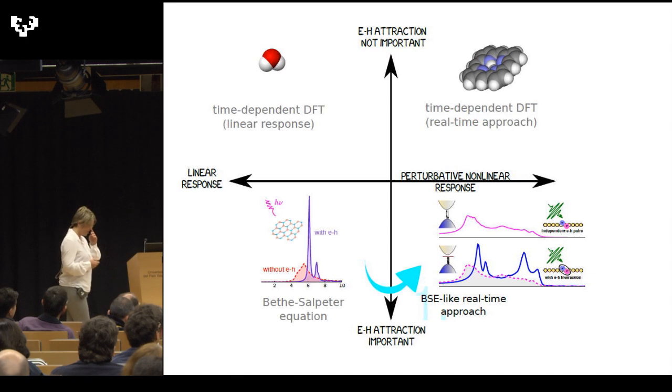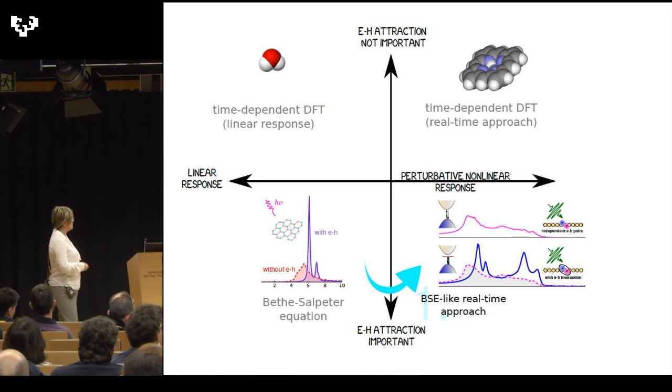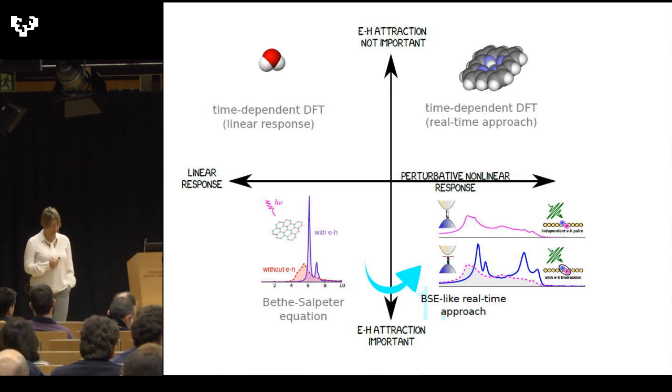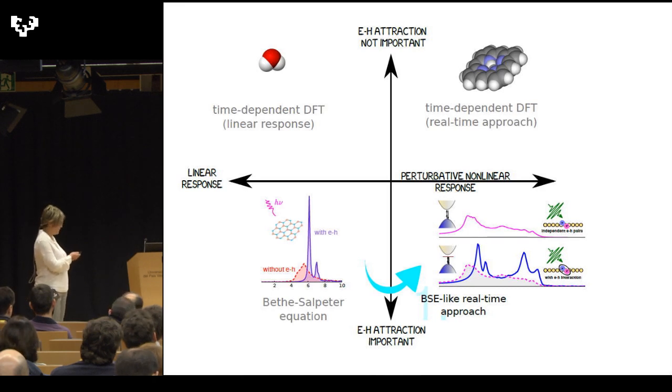Okay, so here I'm concluding. I'm just showing a way to fill in this quadrant to have a method with which we can approach problems for which it's important to take into account electron-hole attraction, and explore phenomena in the nonlinear regime.